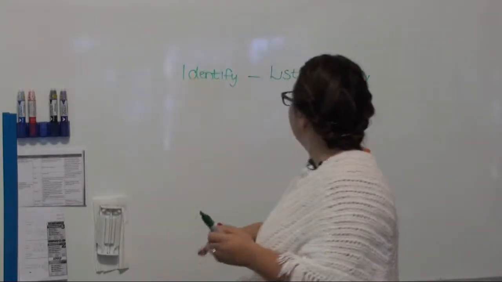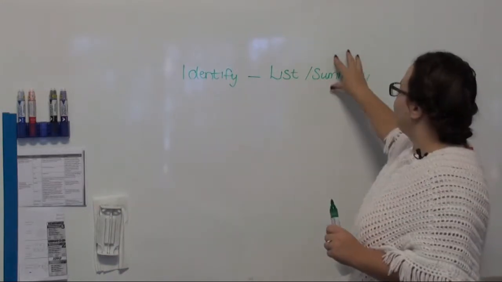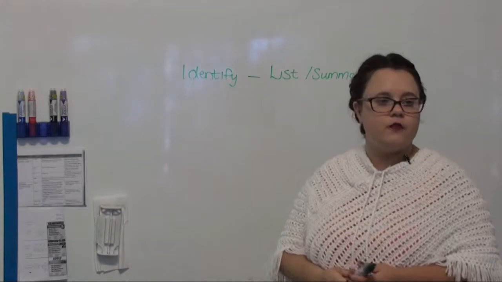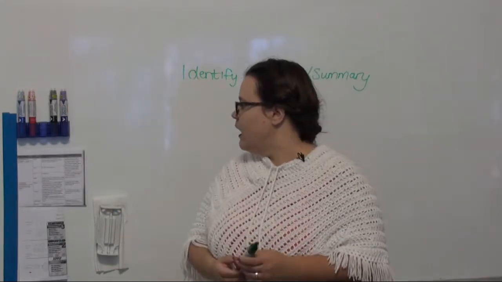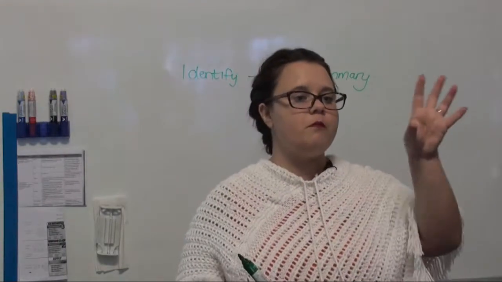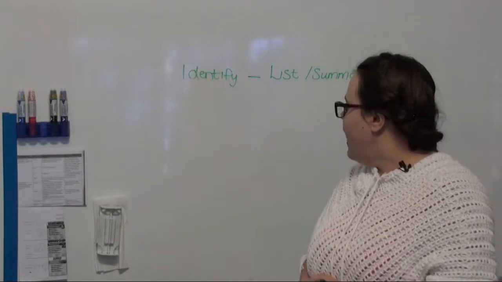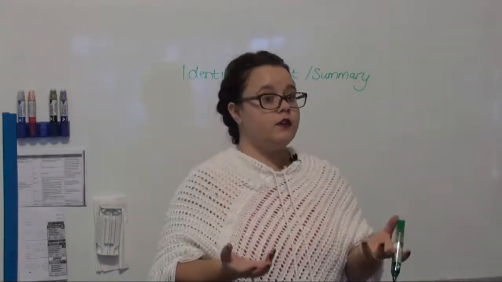You are listing the information that they want from you, or you are providing a summary of the information. An example would be: identify 5 points from the bar graph above and explain what information they are giving you.